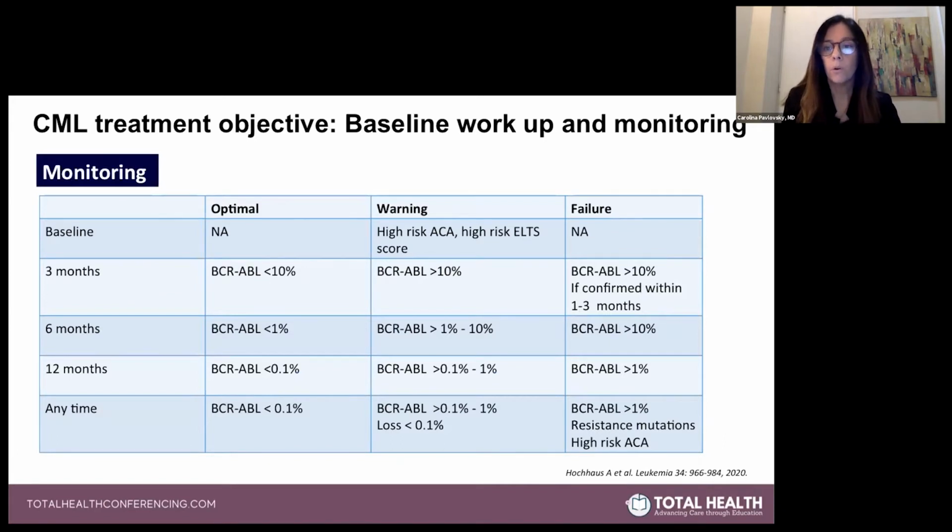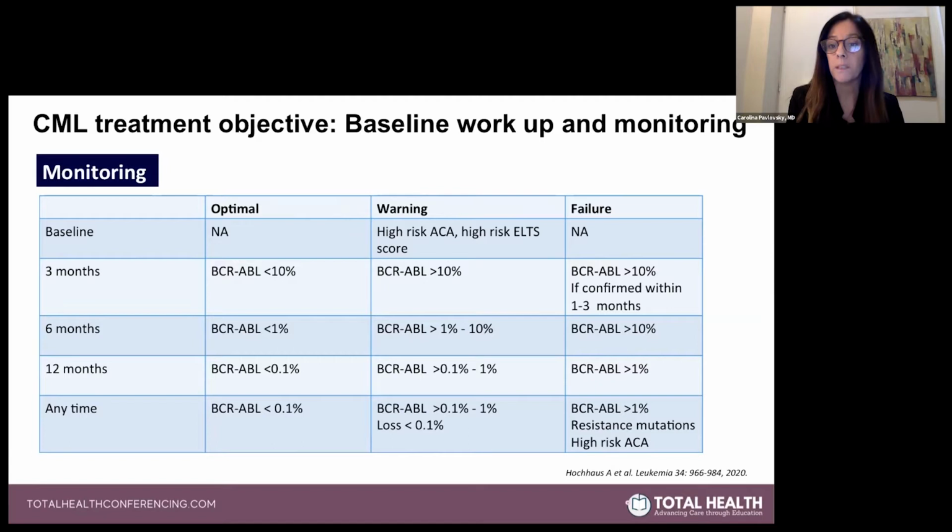The second point to follow our patient is how to monitor the patient. And this is a very busy table, but what's important to take into account here is the third column about failure, because it's the one we are going to consider when we change treatment. The ELN has published this recently, and what is interesting is to see, for example, at 3 months, we can see that patients that have more than 10% of BCR-ABL are in failure, but this has to be confirmed within 1 to 3 months.